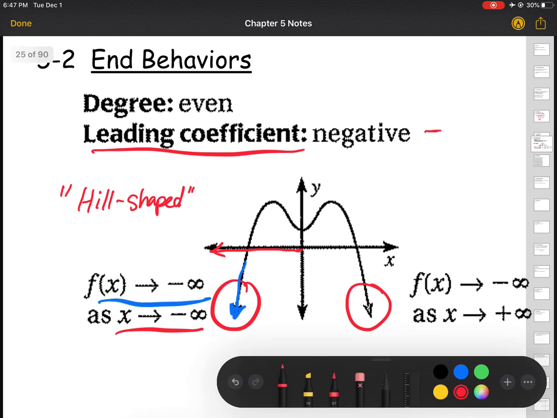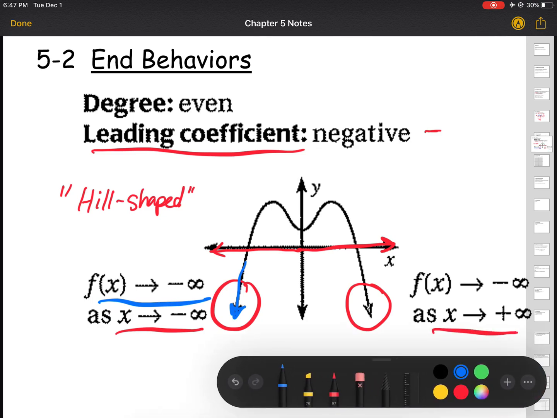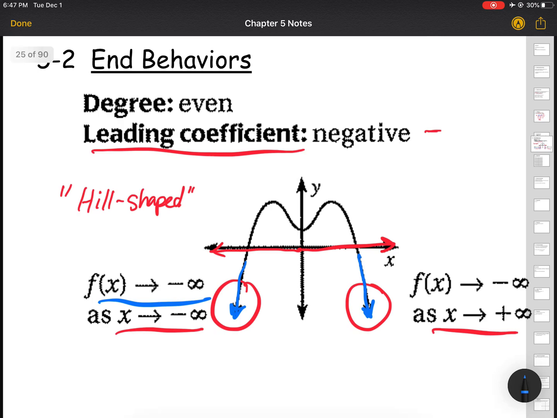And as x goes positive in this direction, then my graph is going down forever and ever. Okay? So that's what that means. So you're either going to have a snake-looking kind of graph, or the U/hill-shaped looking kind of graphs, depending on if your degree is even or odd, and positive or negative leading coefficient.